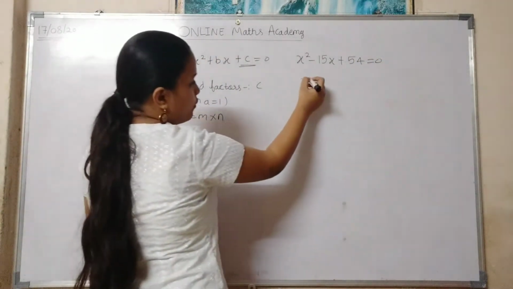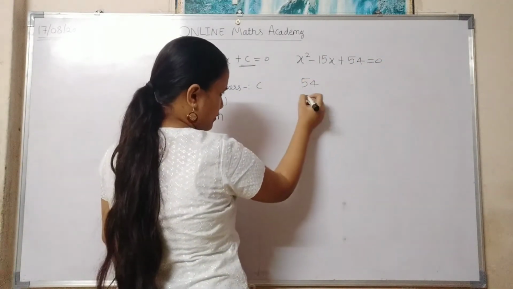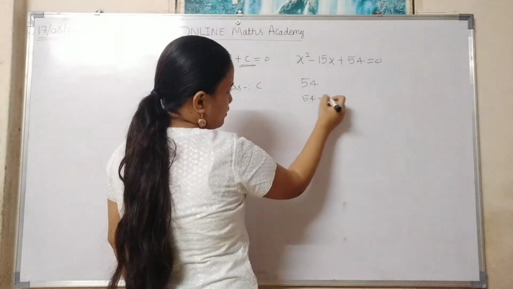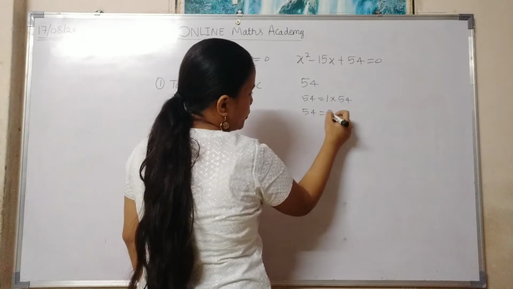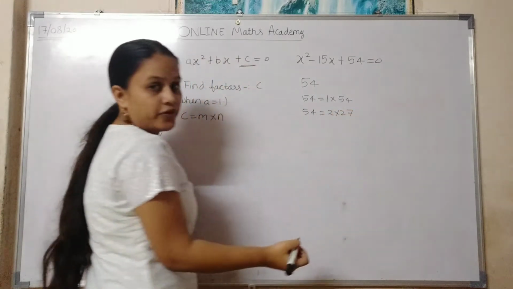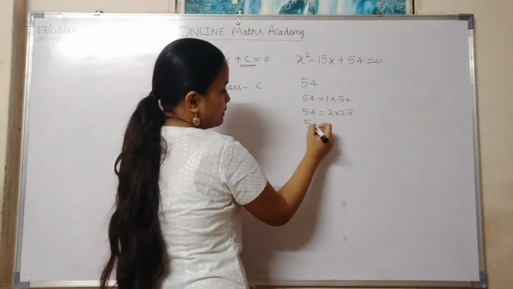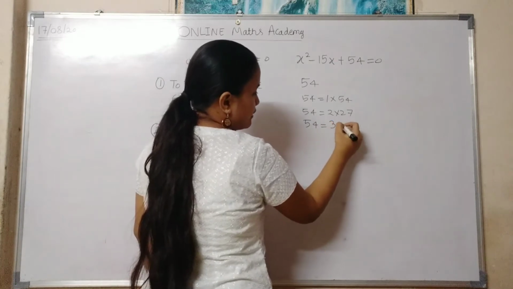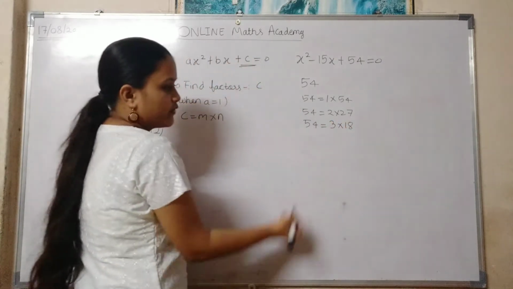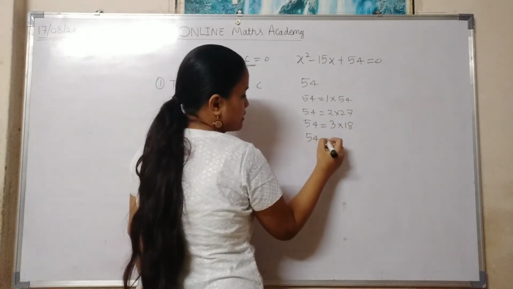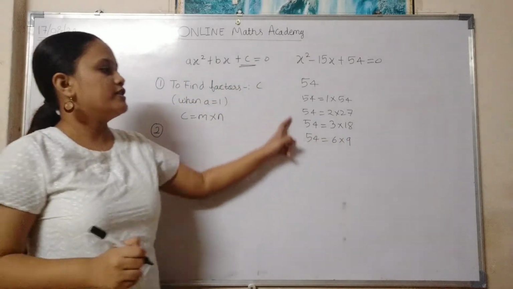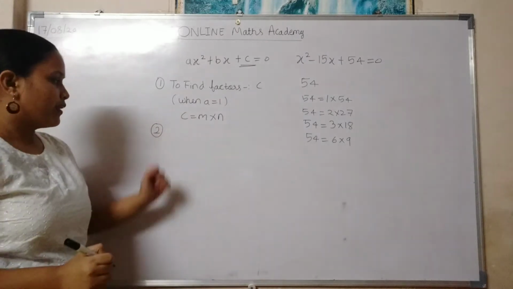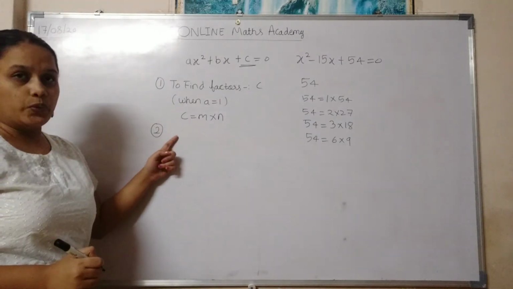Here 54 can be written as 1 into 54, 2 into 27 also gives me 54, 3 into 18 also gives me 54, and 6 into 9 also gives me 54. Now out of these 4, which one should I select? For that we will go to step 2.